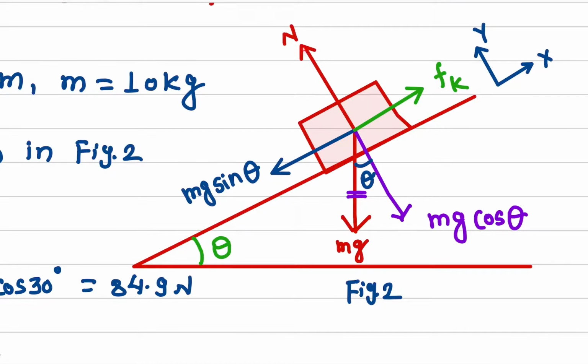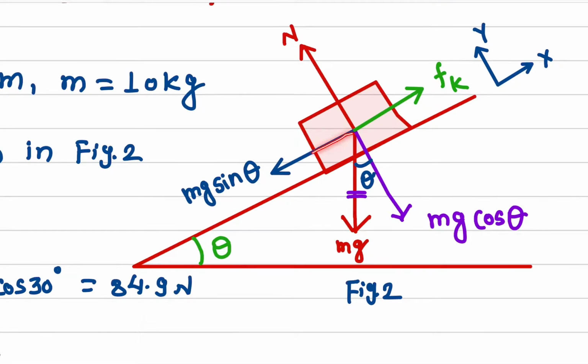There is another force, which is the normal force. The normal force is acting perpendicular to this surface, which is N. And as there is friction between these two surfaces, there is a friction force, and the friction force is always opposite to the motion.